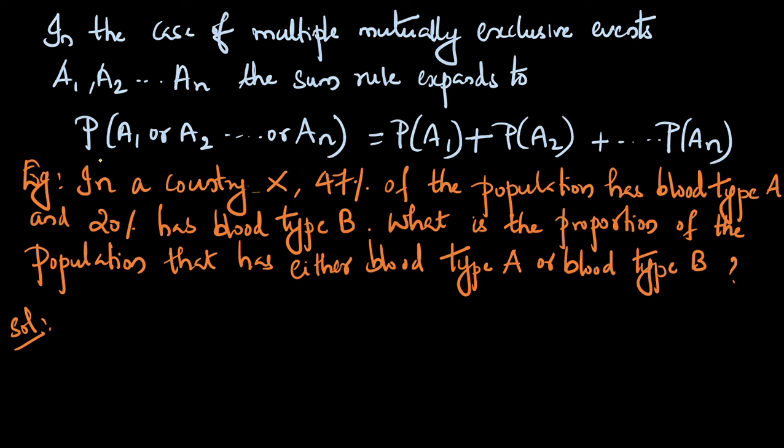Each person can have only one blood type. Having a blood type A and blood type B are mutually exclusive events.